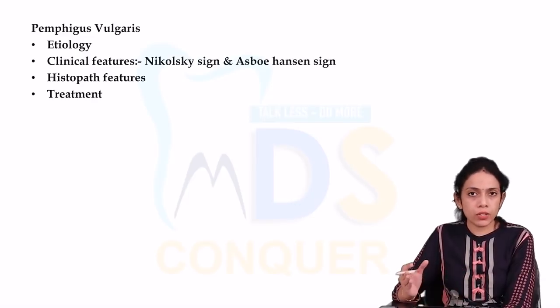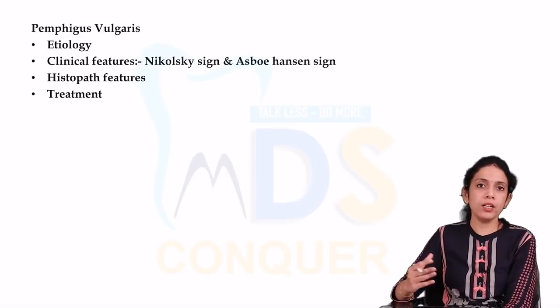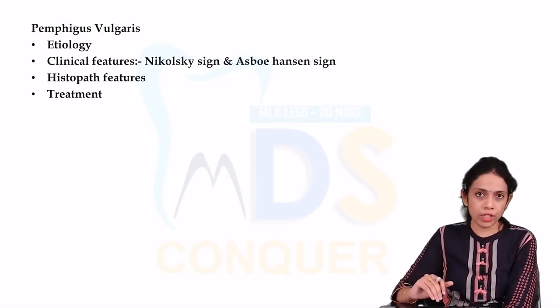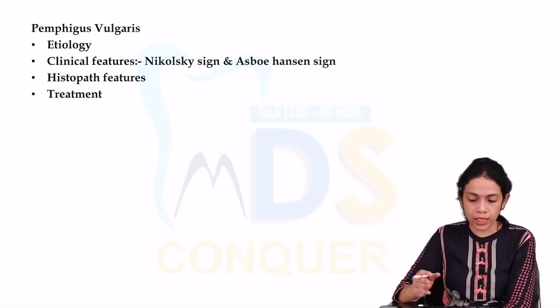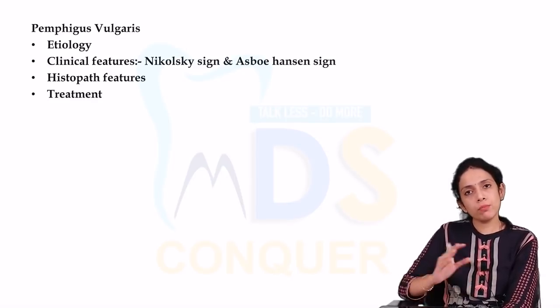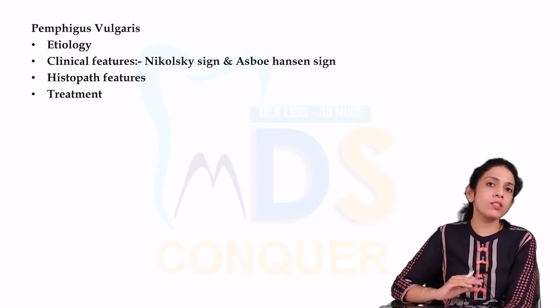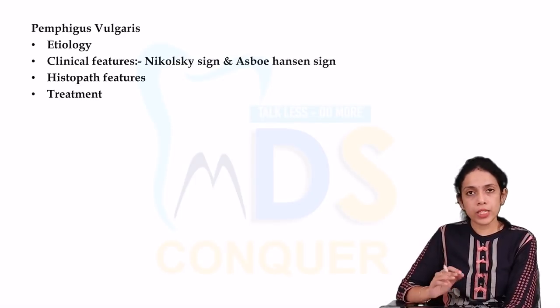Because of the ruptured bullae, the loss of fluid and the disseminative spread, there can be a chance of dehydration, and dehydration could be life-threatening. That's the reason pemphigus vulgaris is life-threatening.